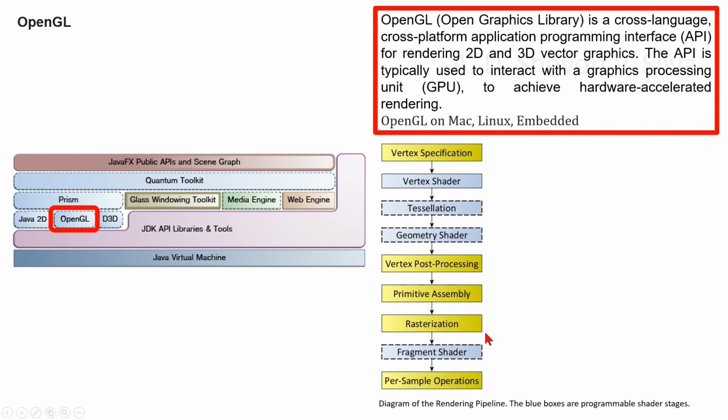Rasterization. Primitives that reach this stage are then rasterized in the order in which they were given. The result of rasterizing a primitive is a sequence of fragments.